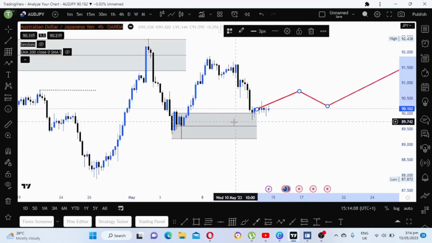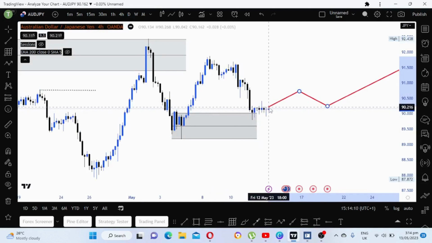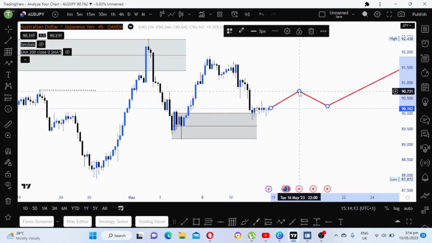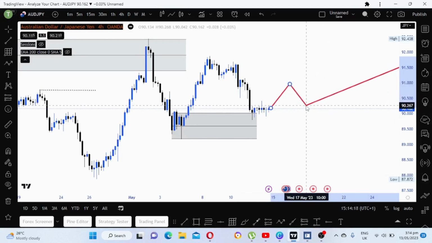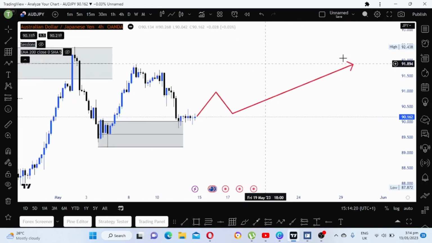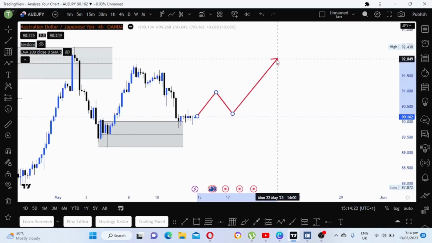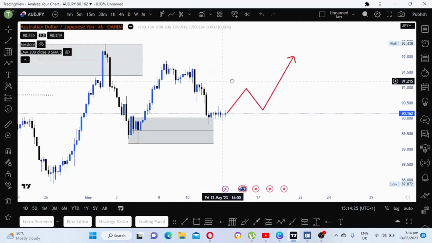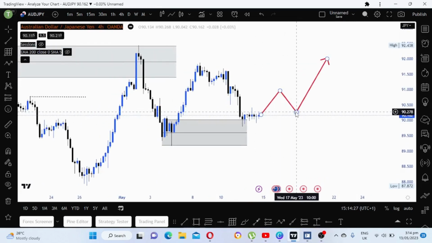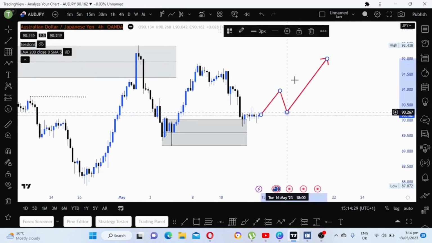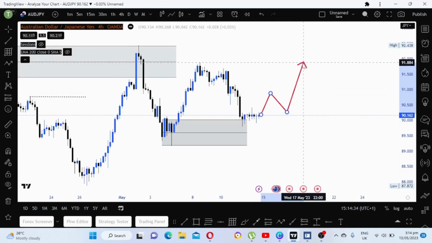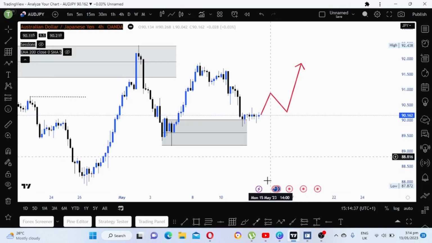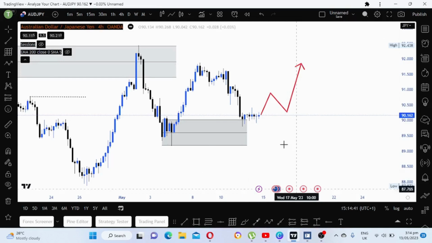So if price breaks up, we do what? We wait for a pullback and then we buy.